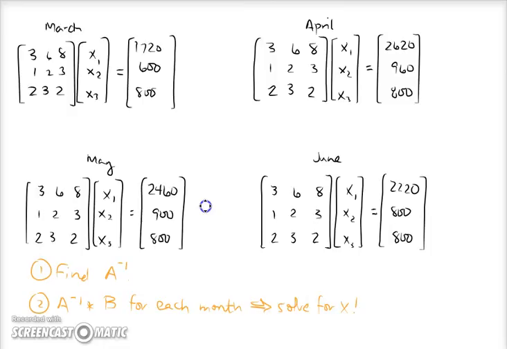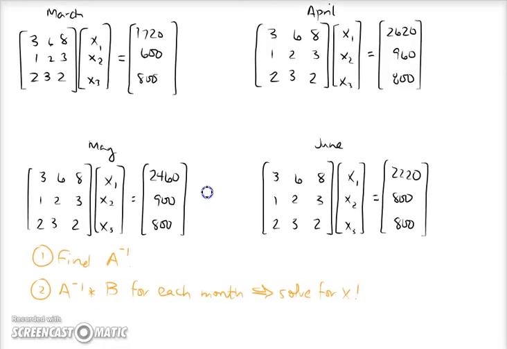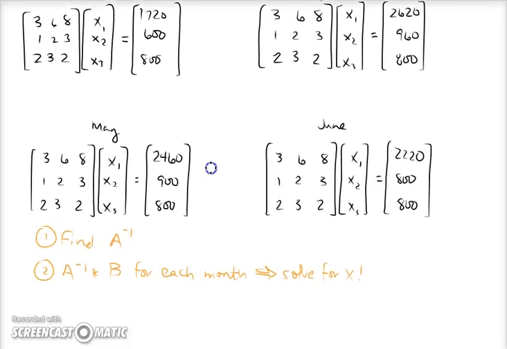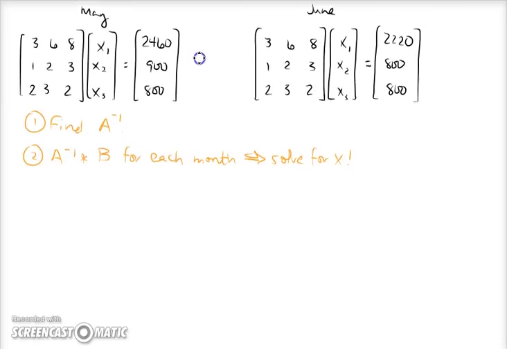Now again, for the sake of time and for our energies here, we are going to find our inverse matrix using our calculator. So in your calculator, go ahead and type in that A matrix of 3, 6, 8, 1, 2, 3, 2, 3, 2.